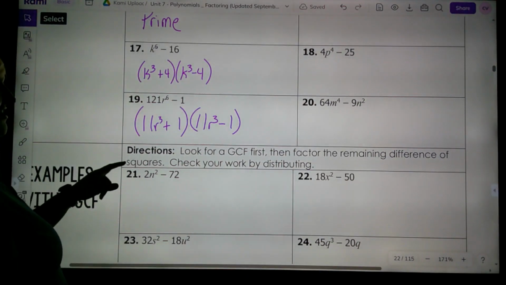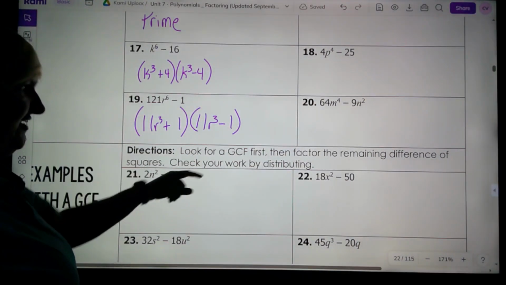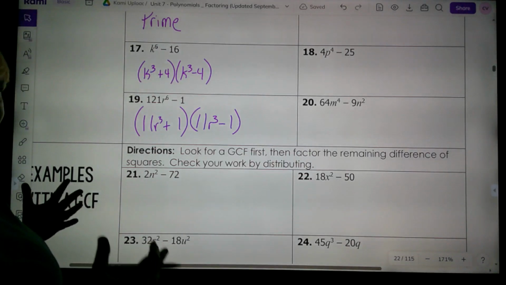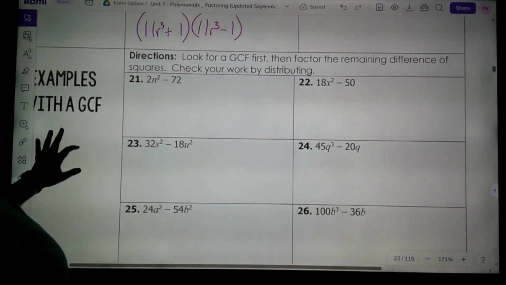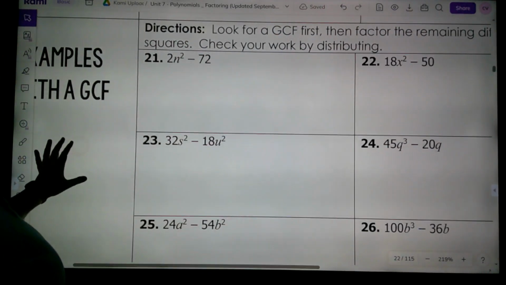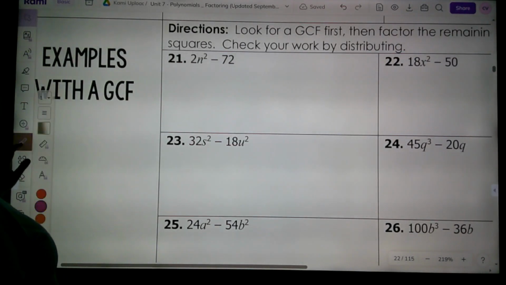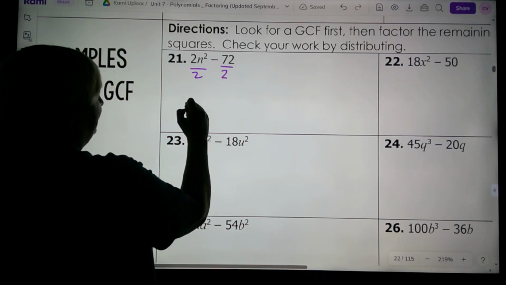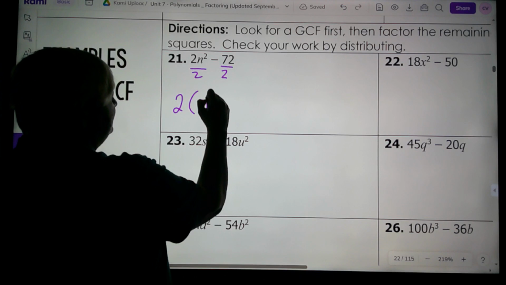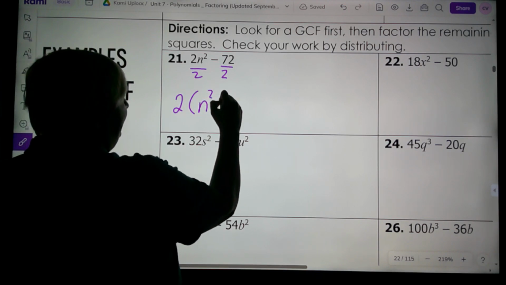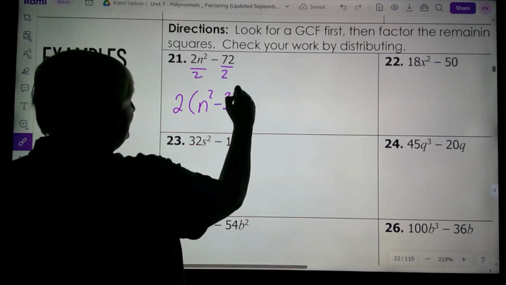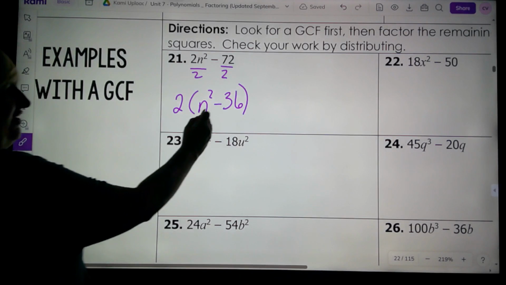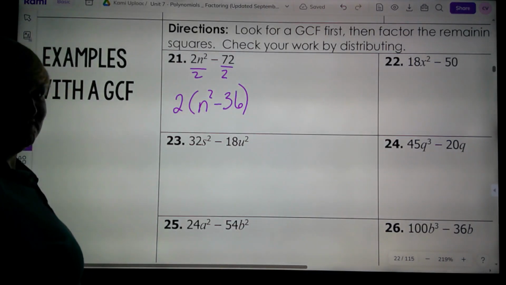Alright, look for a greatest common factor first, then factor the remaining difference of squares. We're combining the last two units. So first we're going to look for a greatest common factor. Both of these can be divided by 2. I'm left with n squared minus 36. Are n squared and 36 perfect squares?